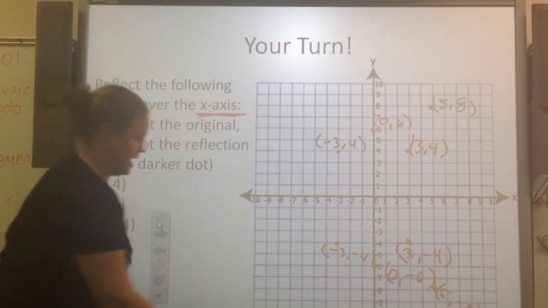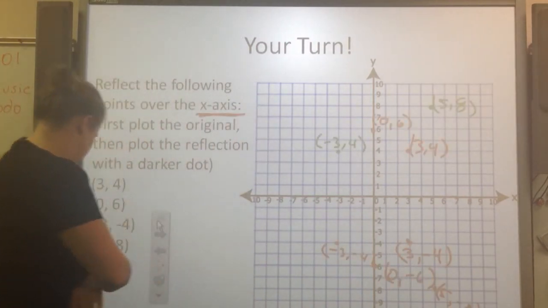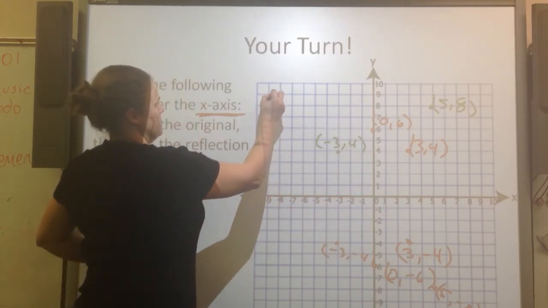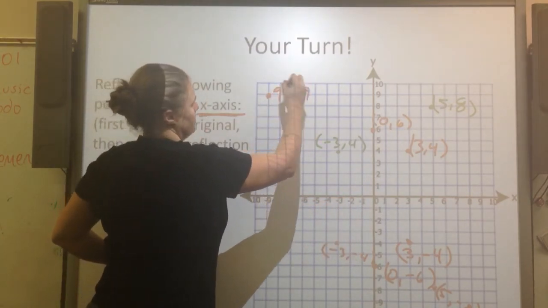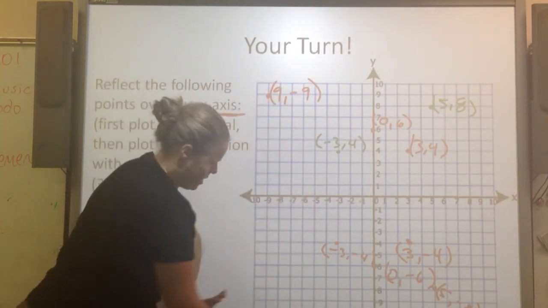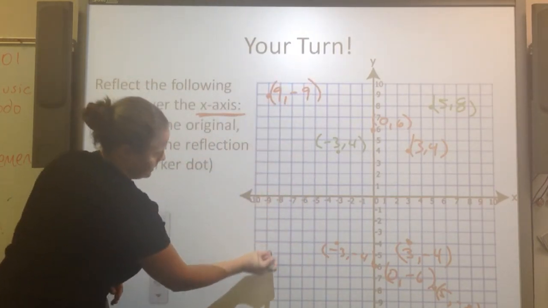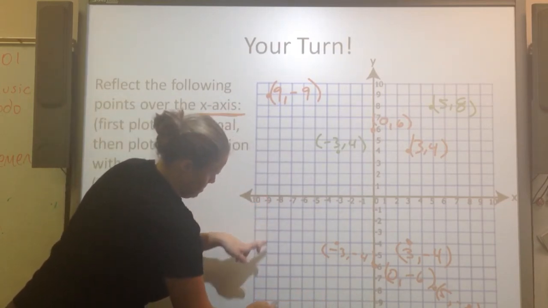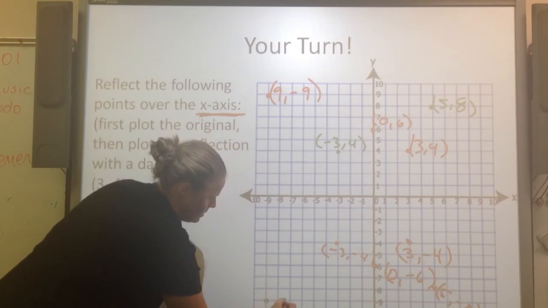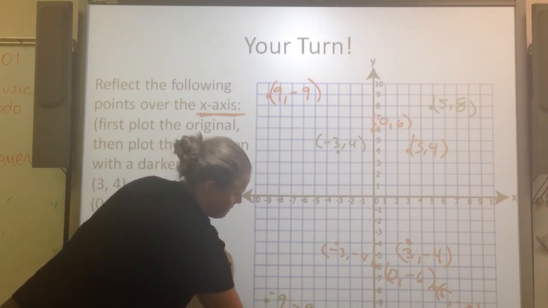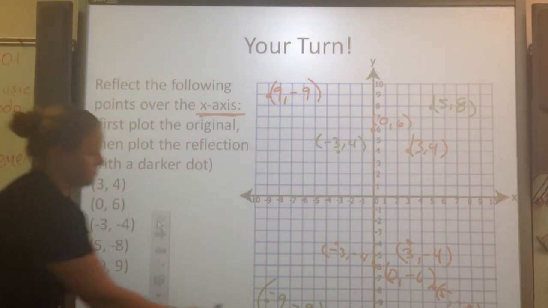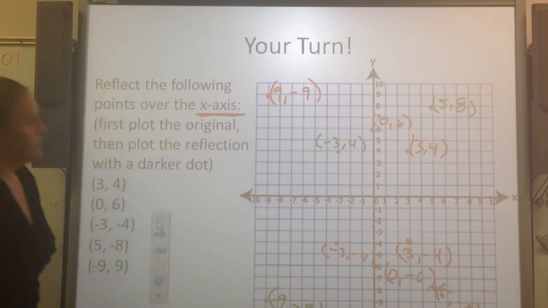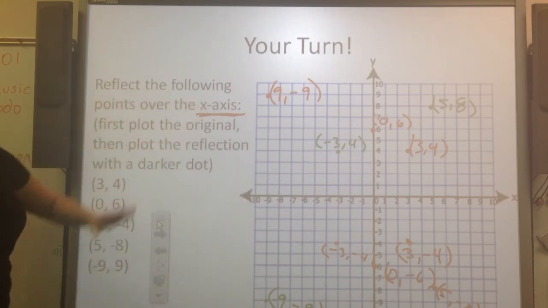And then (-9, 9): negative 9, up 9 is my original. Reflect that down, and it goes right there. Okay, so that's reflecting across the x-axis.